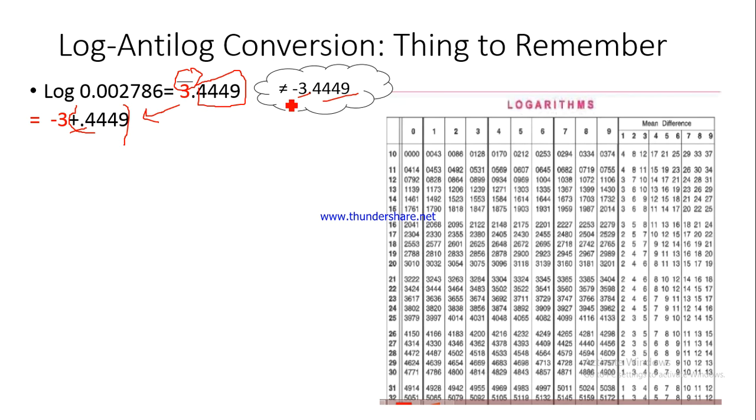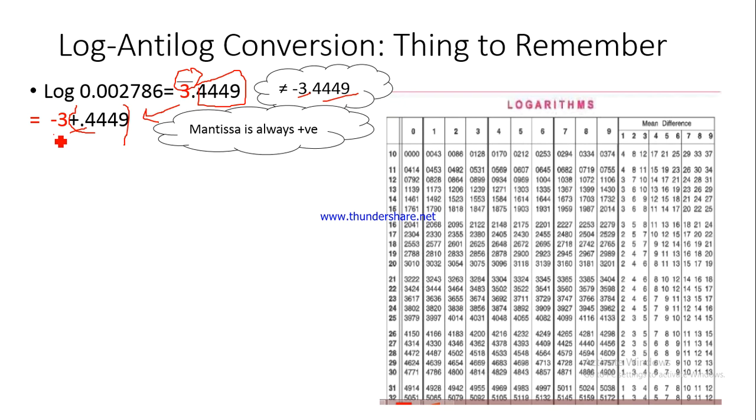And if I want to write down in this particular form, what will I do? I'll have to now add up minus 3 to plus 0.4449. So basically minus 3 would be added to 0.4449, and the answer that I'll get, you can do this calculation on your own also. Mantissa is always positive, and that is why I have mentioned it here.